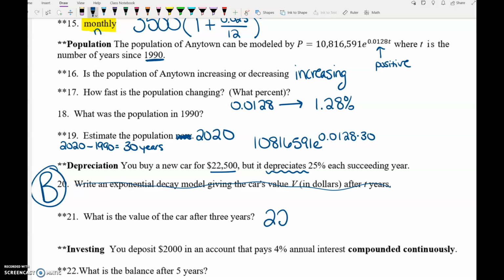So our starting amount, $22,500. The formula says 1 minus 25% as a decimal is 0.25 raised to 3 years. Plug that in and write down your answer. Don't forget you need to put your answer with a $ sign and round correctly.